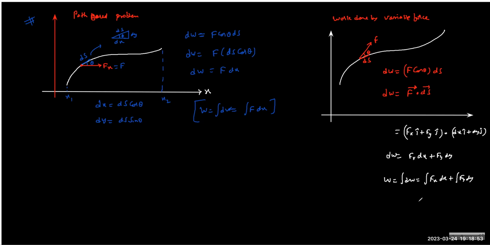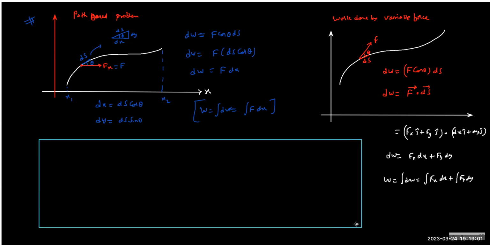Okay. So under this category, there is a very famous problem which one should be aware of. Of course, you won't get it at first go, but you should be aware of this problem. And you will come across this problem very often in physics.